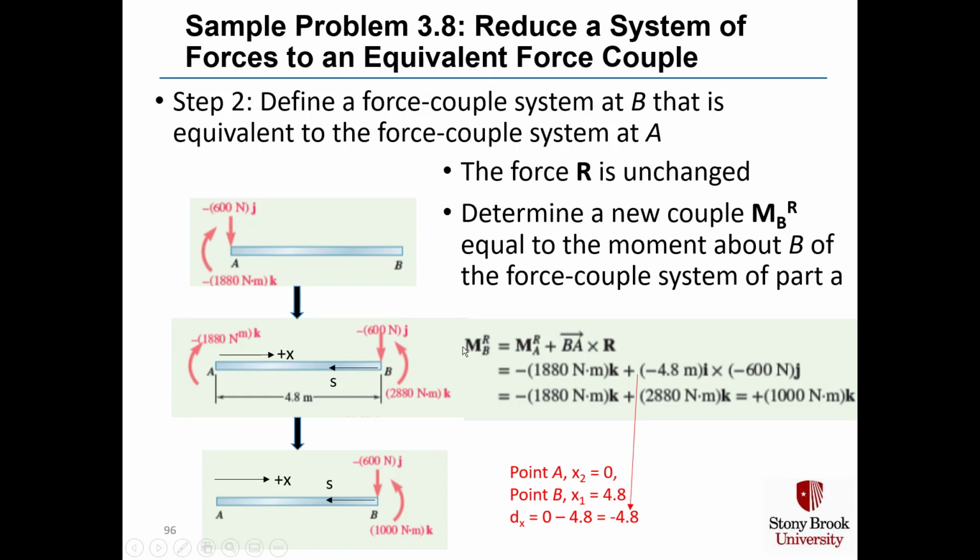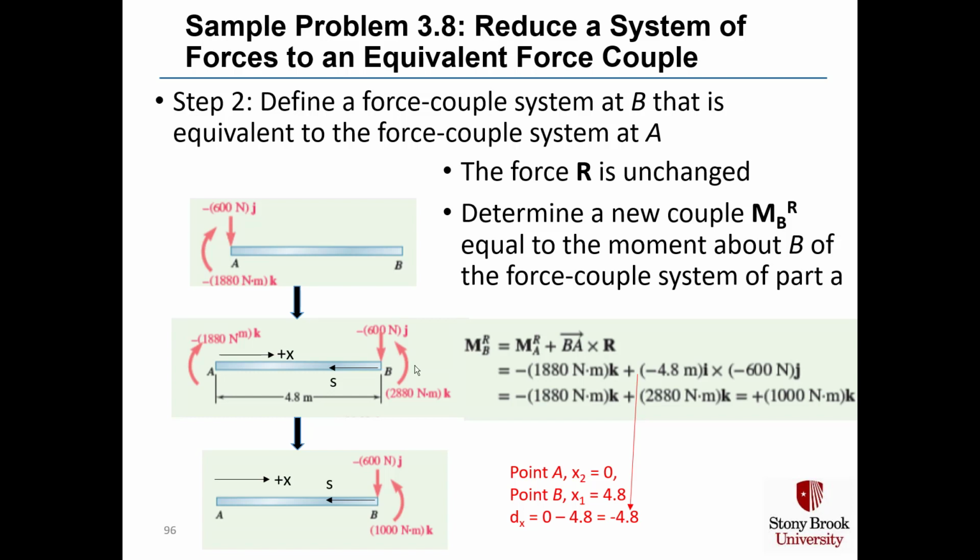In this case, we use the notation M sub B of the resultant forces is equal to M sub A of the resultant forces plus the vector BA crossed with R, where R was minus 600 newtons in the j direction, and vector BA is equal to minus 4.8 meters in the I direction, because point A has x equal to 0, point B has x equal to 4.8, and 0 minus 4.8 is minus 4.8.